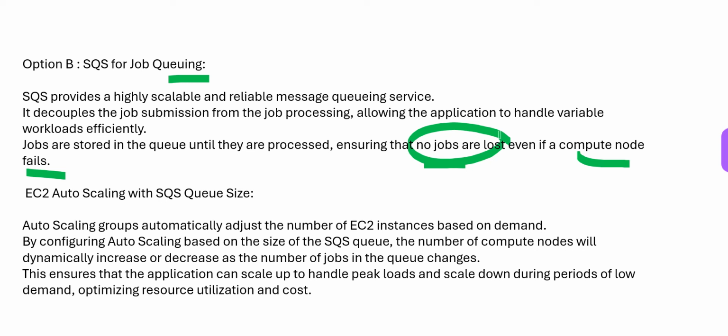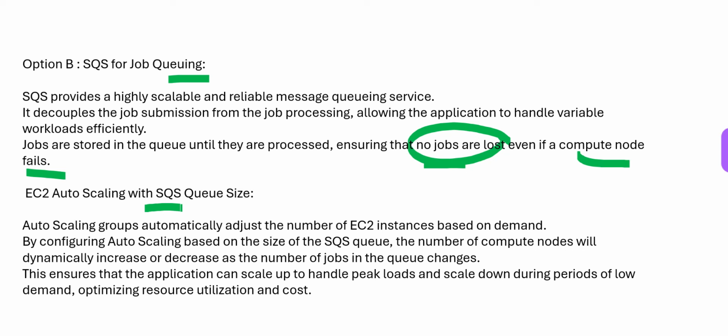It is reliable. Now what about scaling? See, EC2 has auto scaling features. We all know. So we will tell auto scaling to base it on the size of the SQS queue. If the SQS queue is small, we will have in auto scaling say two EC2 instances. If the SQS queue is big, we will tell auto scaling, boss, create 20 EC2 instances.